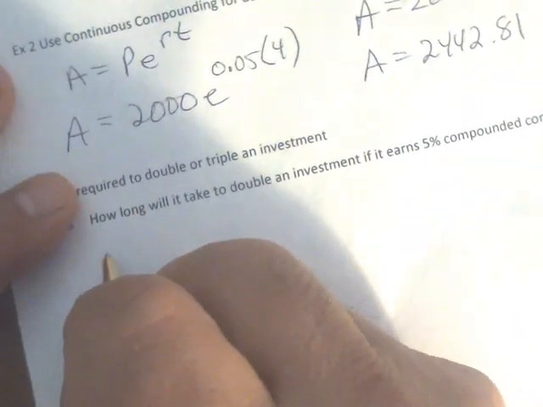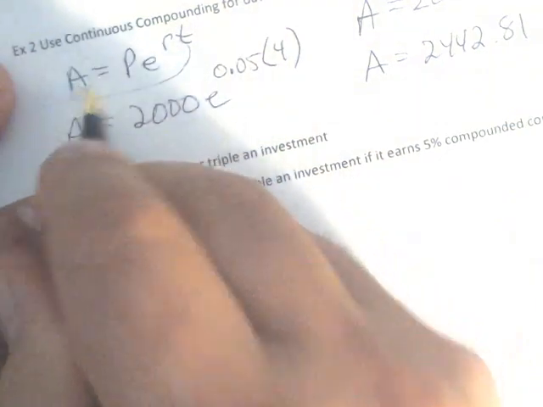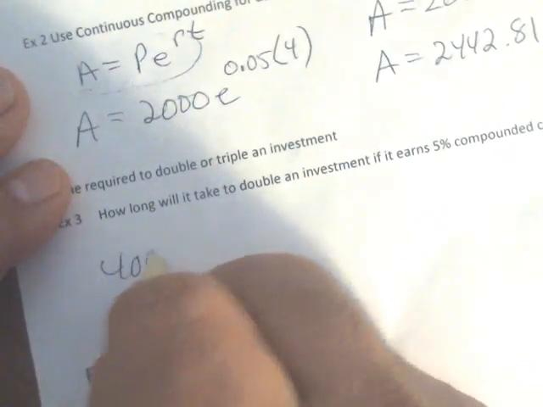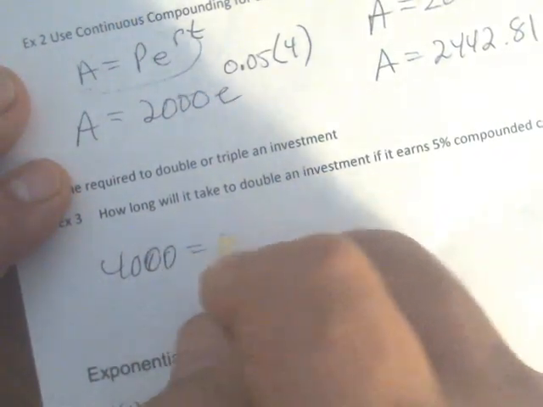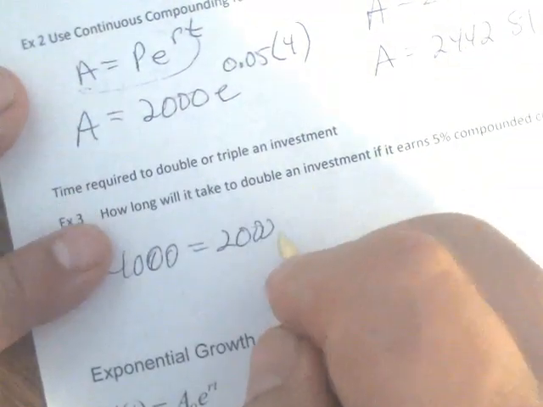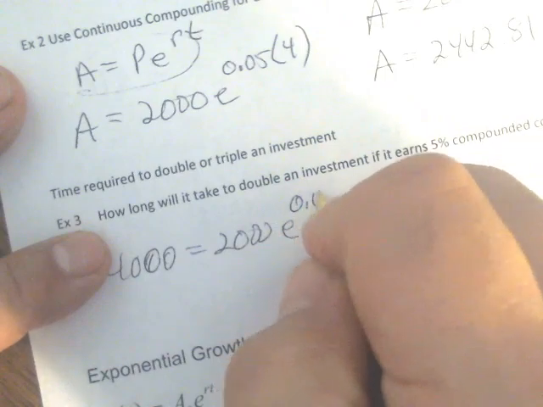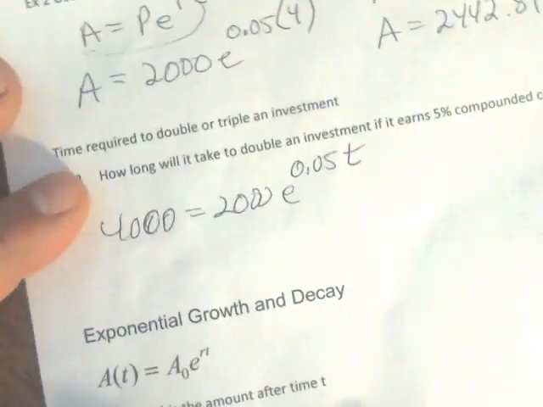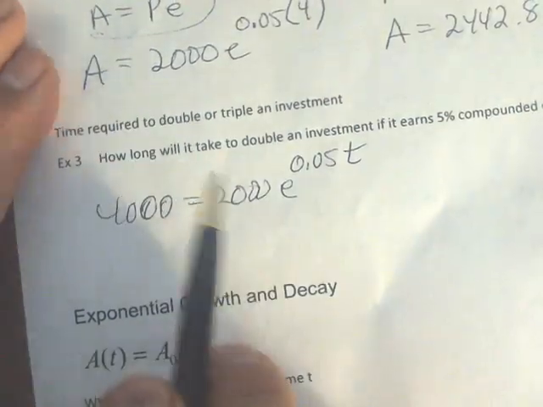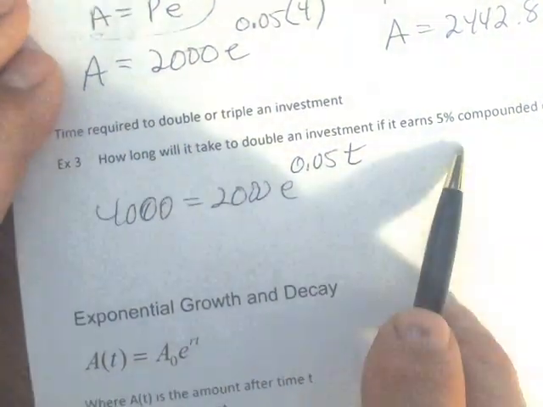Well, that means that I want my amount, I use this same formula. So my amount is going to be equal to 2,000 e times 0.05 t. And I'm going to show you why I didn't give an amount here to begin with.